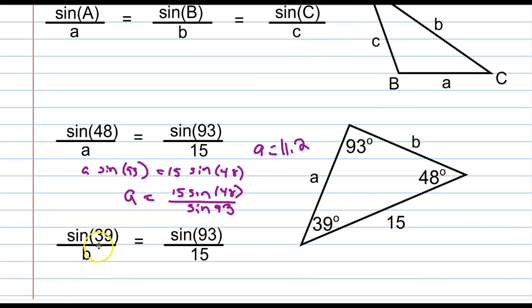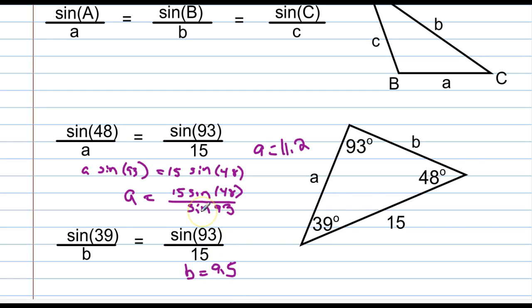And then the sine of 39 over little b here. Cross multiply and solve. I want you to pause the video and see what you get there. And if you did it correctly, you should get b is equal to 9.5.